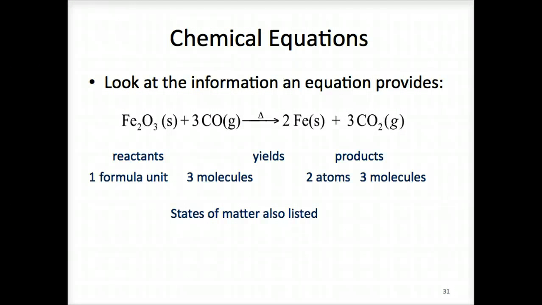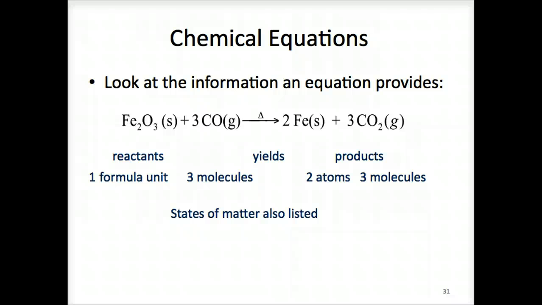Here's another version of a chemical equation. This one is for the reaction of iron oxide with carbon monoxide. With heat, the little delta there on top of that arrow means heat, to make iron solid and carbon dioxide. The iron 2 oxide reactant has 1 formula unit or 1 mole of iron 2 oxide, and there are 3 formula units of carbon monoxide, or 3 molecules or 3 moles of carbon monoxide.